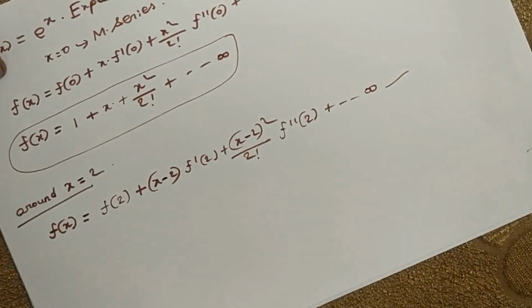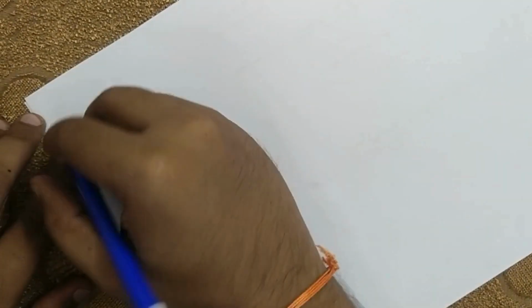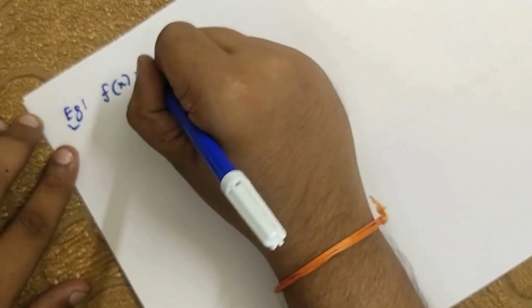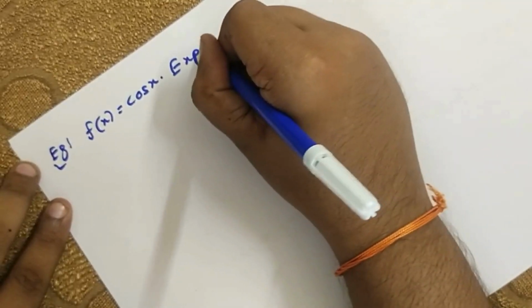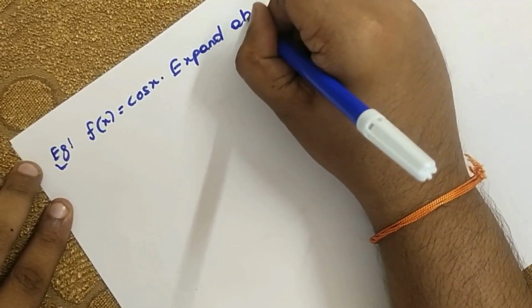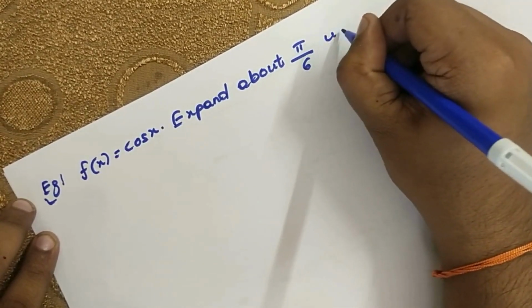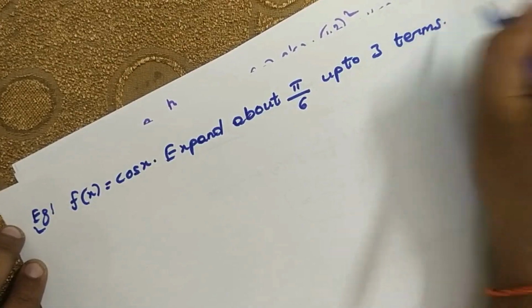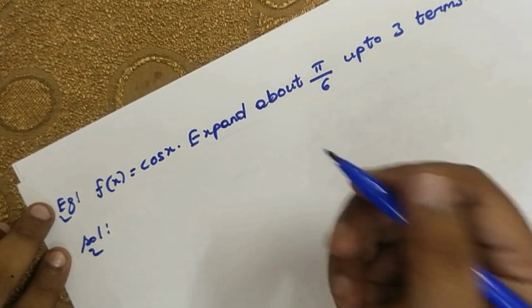Okay, so let's see one more example. Again one more example. f of x is equal to cos x, expand about pi by 6, up to 3 terms. Okay, let's see this also. So about x is equal to pi by 6.